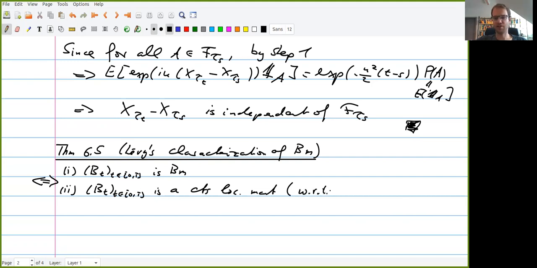There has to be a filtration, and the filtration has to have certain properties. This means it has to be generated by some Brownian motion, the Brownian standard filtration.